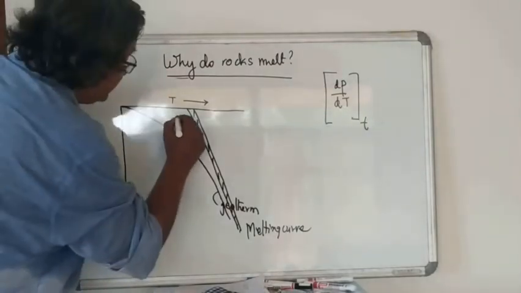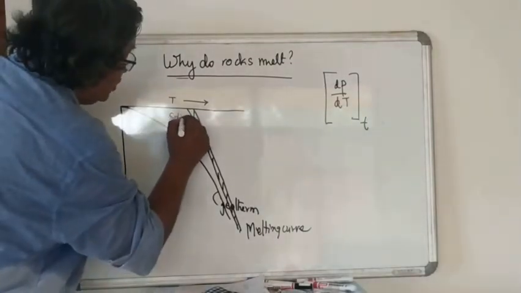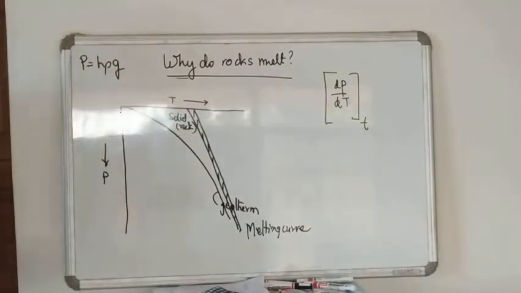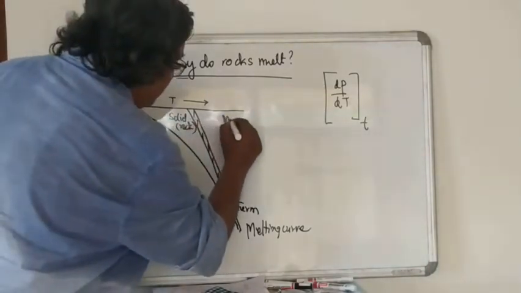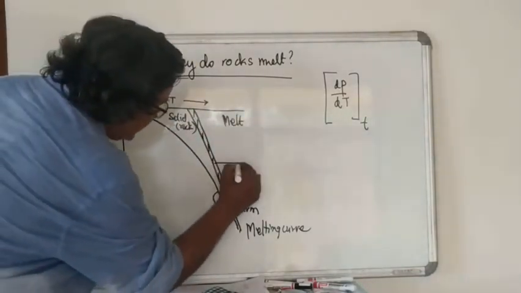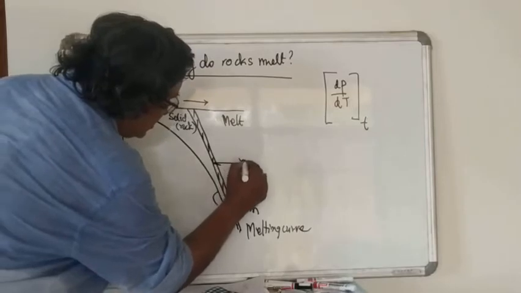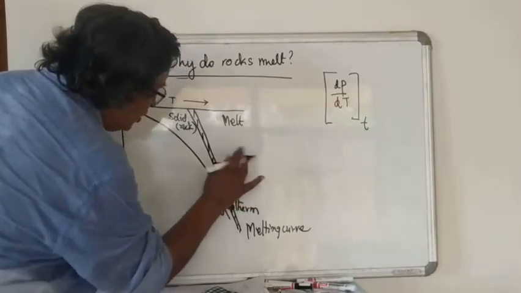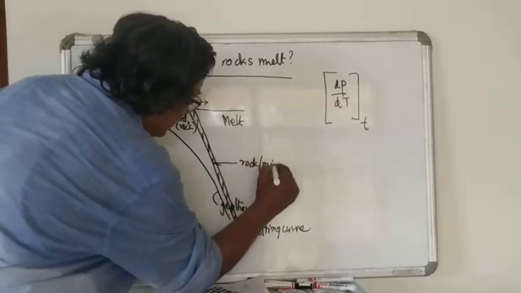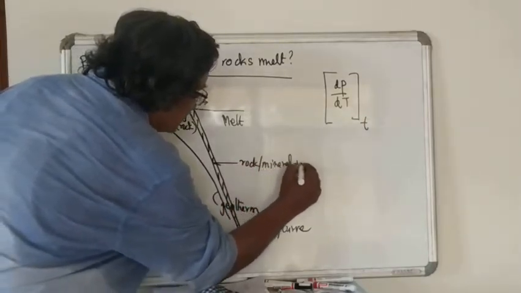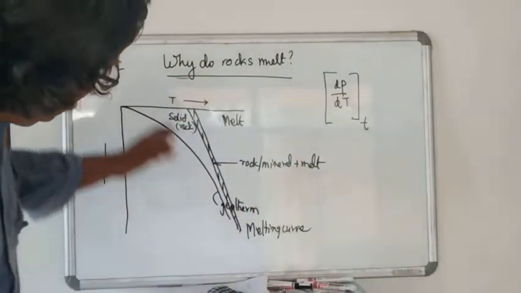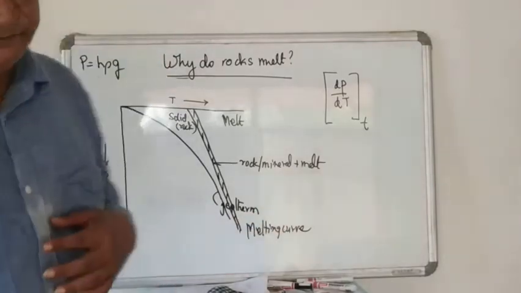So here it's solid at lower temperature, and further up, this is melt. And here in this part it is rock or mineral plus melt. So this is how a melting curve looks.